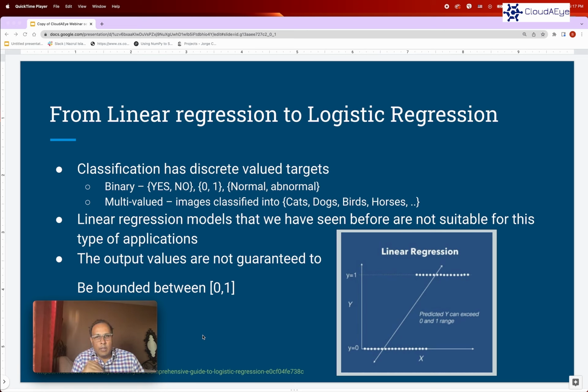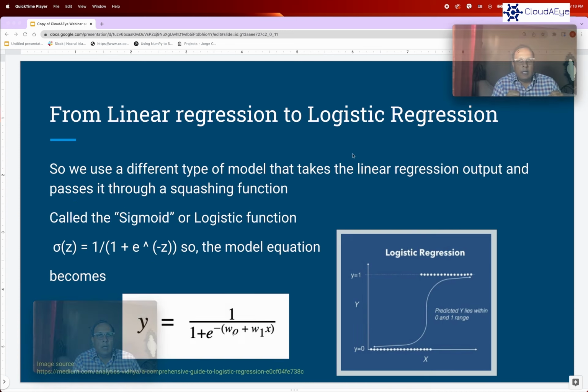Linear regression outputs are not necessarily bounded between 0 and 1, so that we can convert it into a classification. As you can see in this example here, if we have some data set that represents class 0 and class 1, and if we try to fit a linear regression line, then the line is not suitable for making classification. So what we do in this case is take the linear regression output and pass it through some sort of a squashing function.